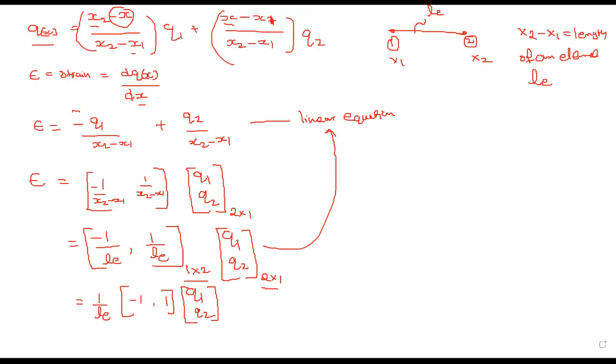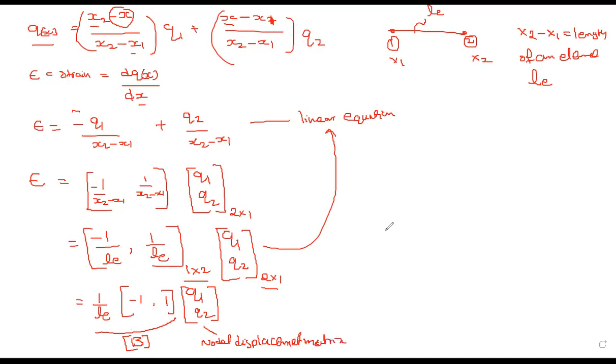At this point I can say that this matrix is called the B matrix, and this matrix is called the nodal displacement matrix.